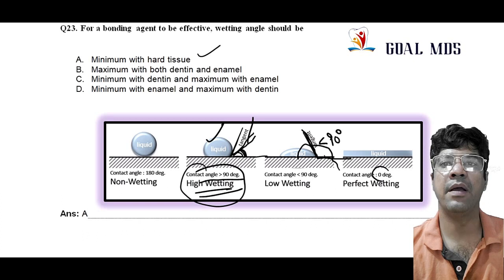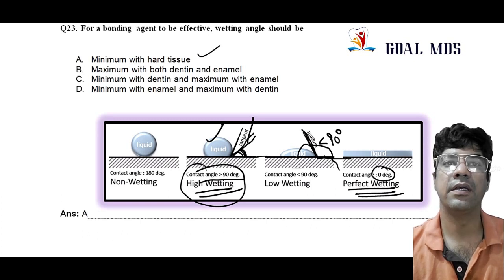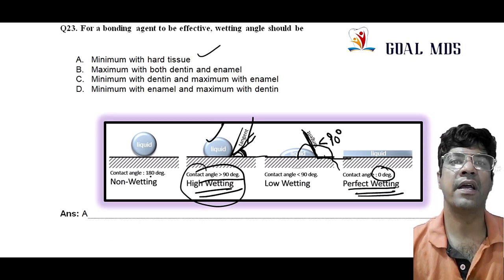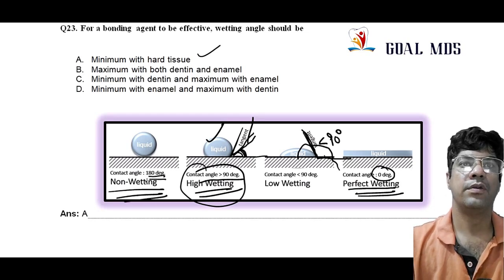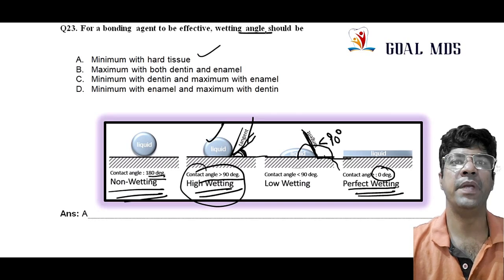A zero angle means perfect wetting, and a contact angle of 180 means there would be no wetting. So the wetting angle should be minimum.